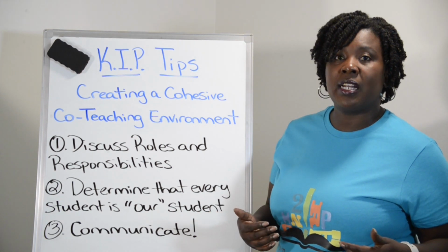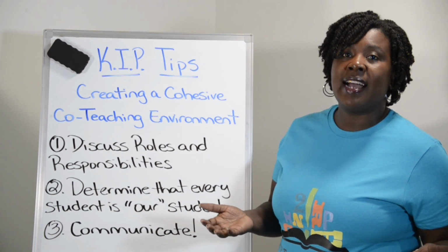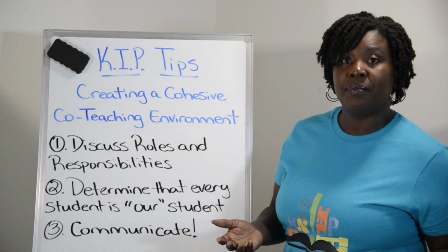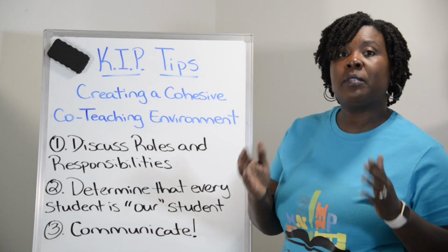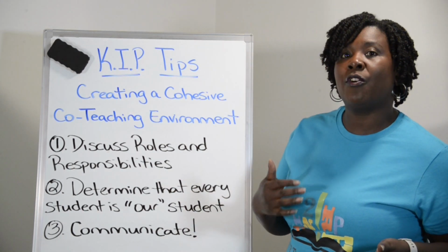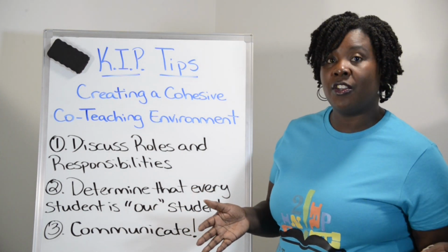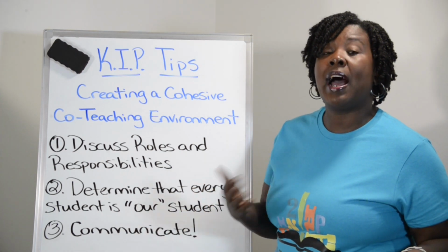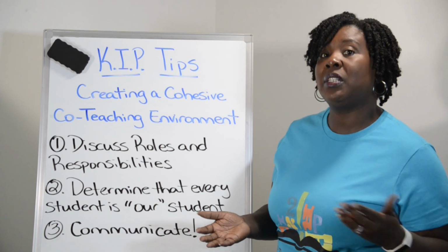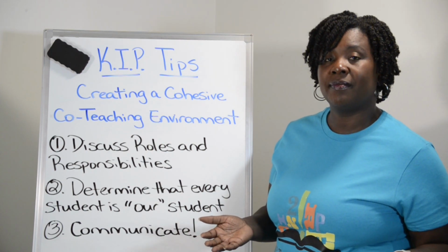In my experience, my co-teacher and I did a combination of the two. There were times when we would split the class in half and I would grade one half of the class's assignment and she would take the other half. And then there were times when I would take a class period and she would take the other class period.